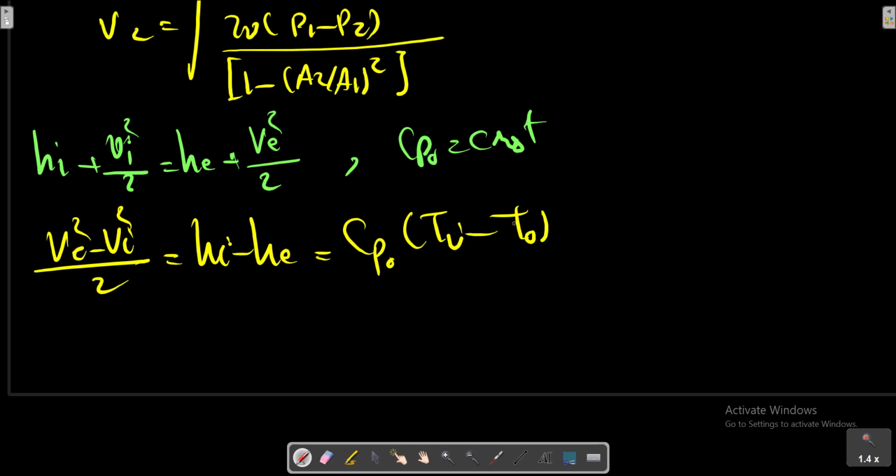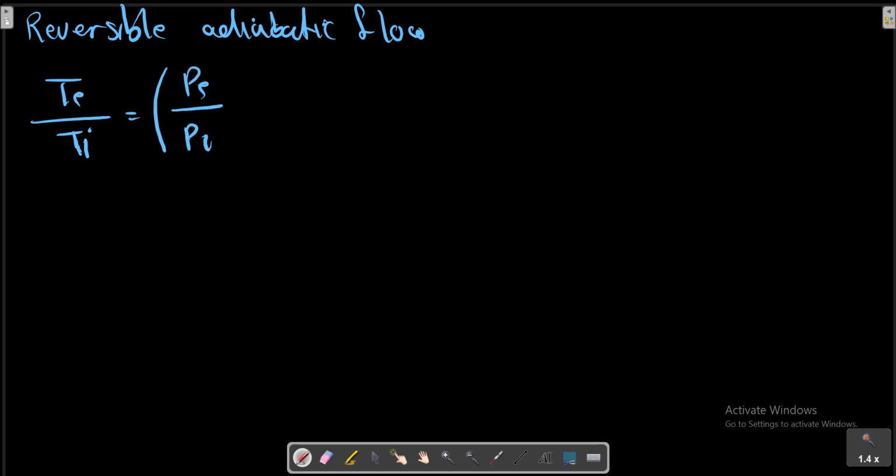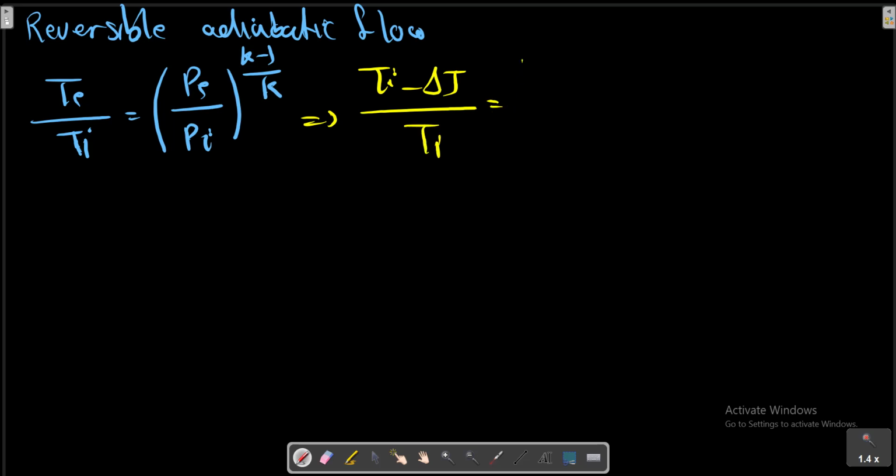Since we are considering reversible adiabatic flow, we can note that Te over Ti equals Pe over Pi to the power of (k minus 1) over k, which is Ti minus delta T over Ti.